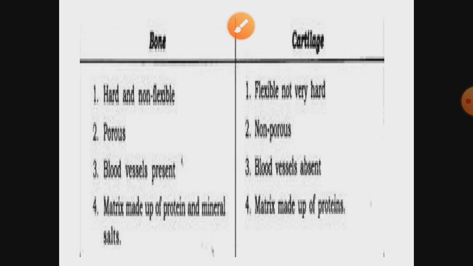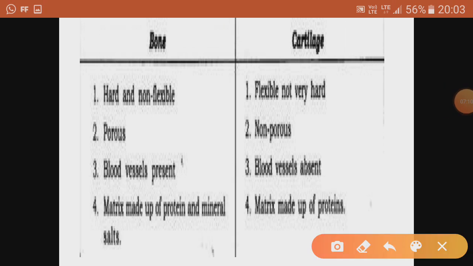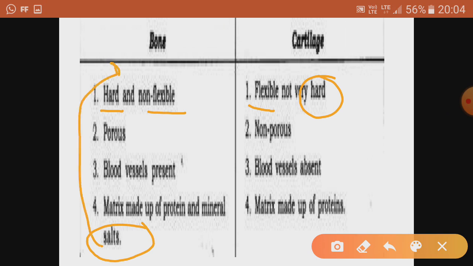Now a very important topic is the difference between bones and cartilage. Bones are hard and non-flexible. On the other hand, cartilage is flexible, not very hard. Why are the bones so hard? Because of the presence of salts. In cartilage only proteins are there, no salts, but in case of bones they have got deposition of salts.